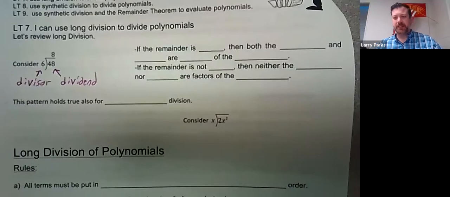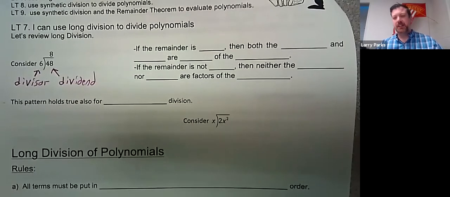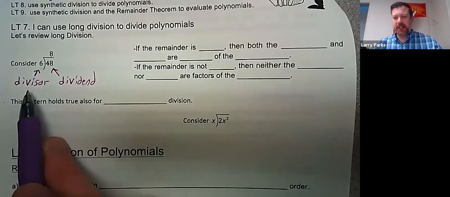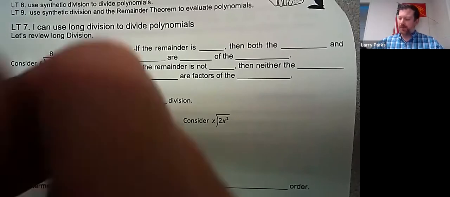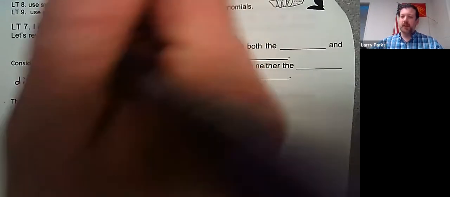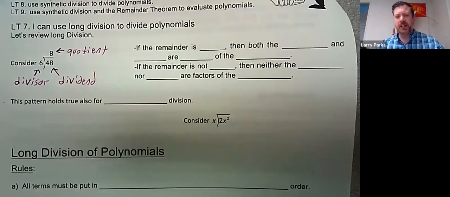And I hope I spelled that correctly. And then what you get as a result from taking the dividend divided by the divisor, we call that a quotient. So if I say find the quotient of 48 and 6, you would just take 48 divided by 6. That's what quotient means.